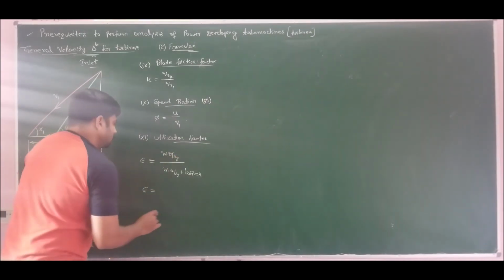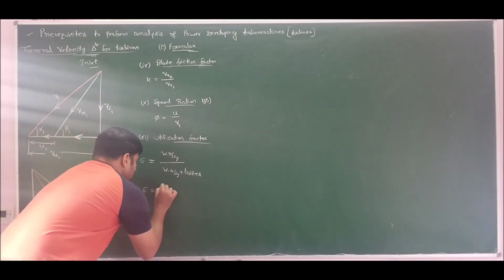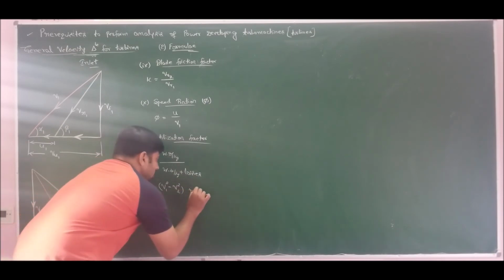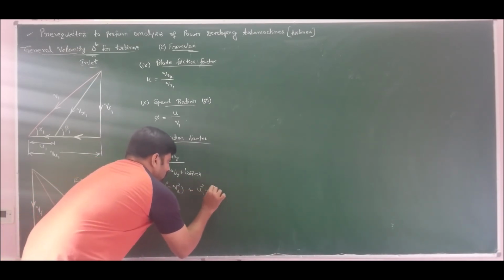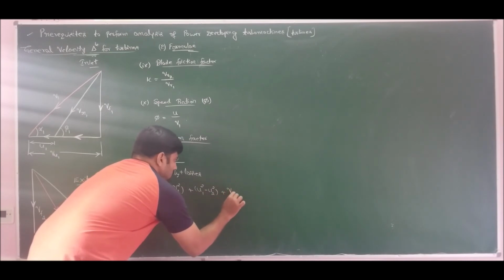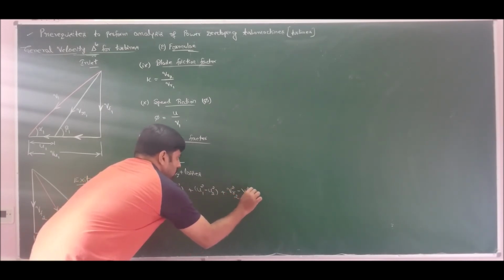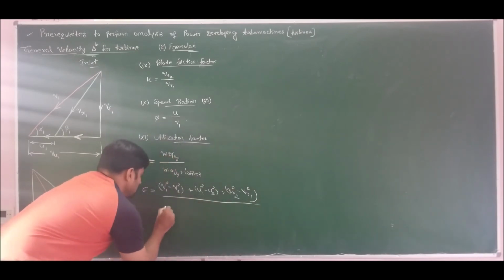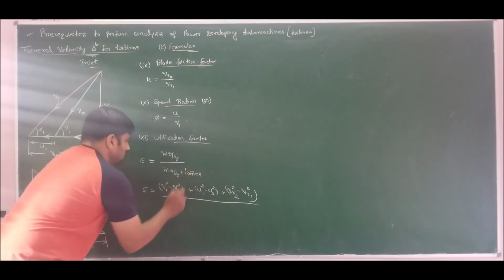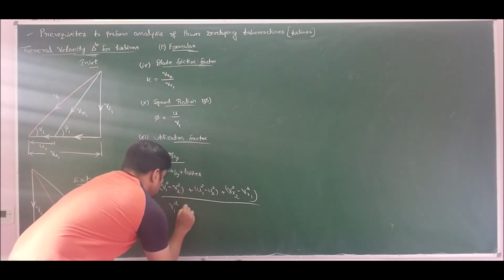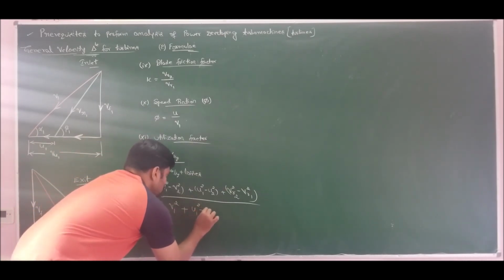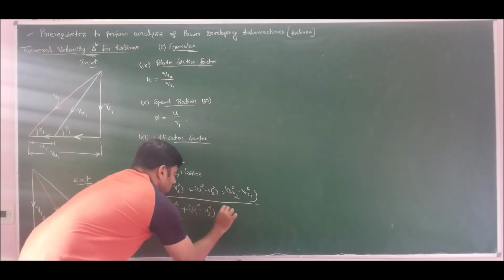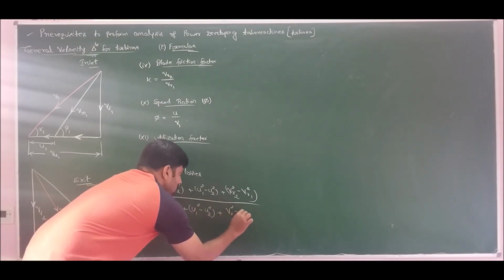The general formula, using the alternate form of Euler's energy equation, is V1 square minus V2 square plus U1 square minus U2 square plus VR2 square minus VR1 square, divided by V1 square, where the loss is V2 square by 2gc, so therefore it cancels, plus U1 square minus U2 square plus VR2 square minus VR1 square.